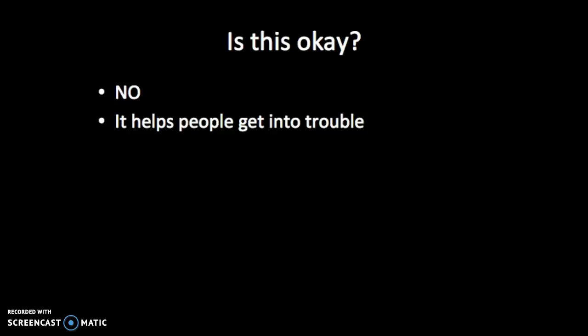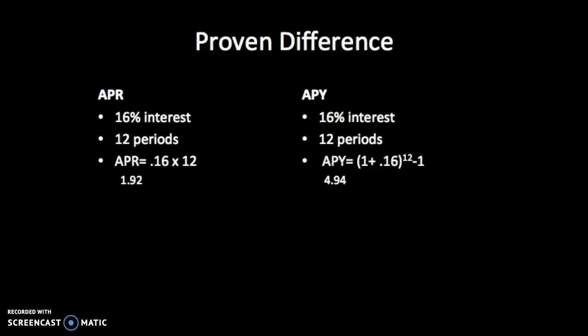If you could go back to the slide that shows the difference, then you can see they could be signing papers that have the APR at 1.92, and they think, oh, 1.92, that's a really small number. But in reality, they actually had to pay back almost 4 times that much, which is a lot more money than what was previously expected.